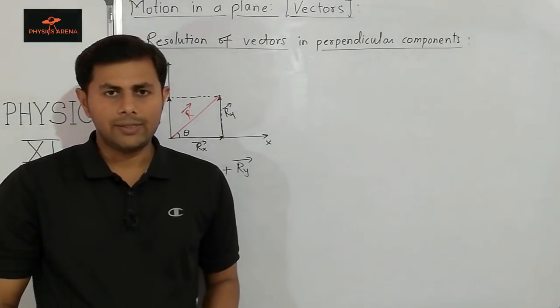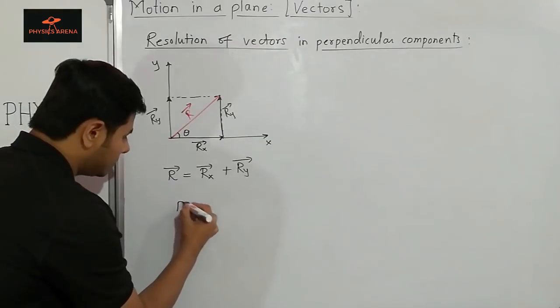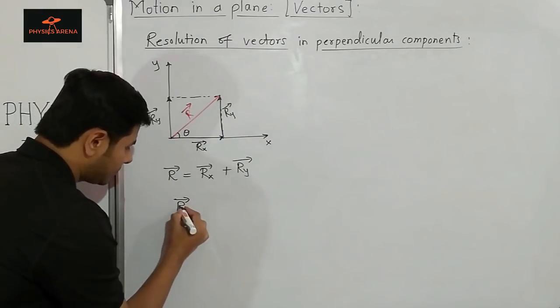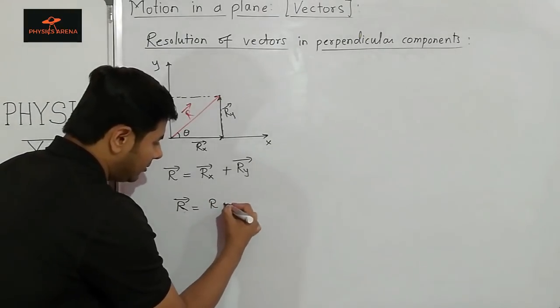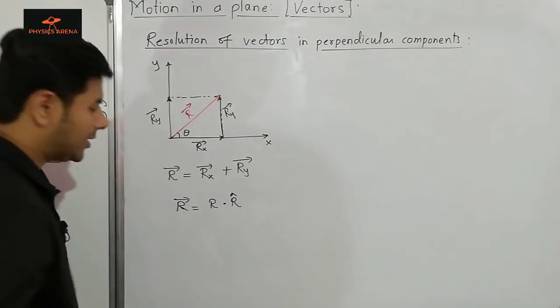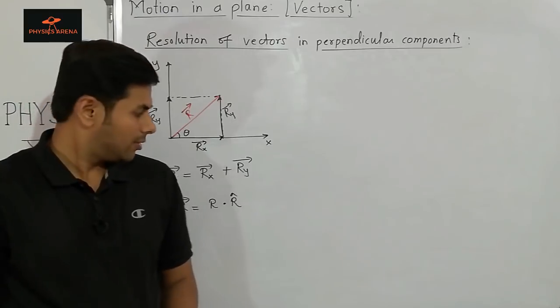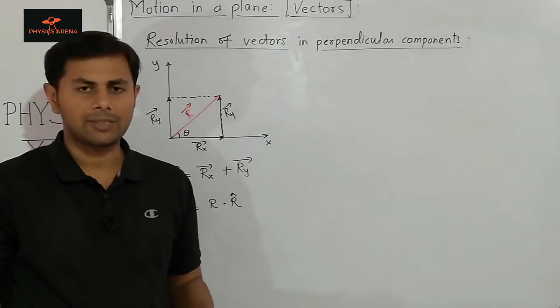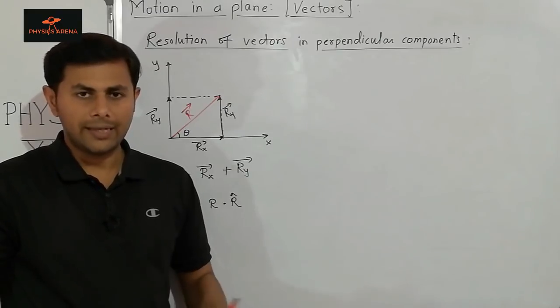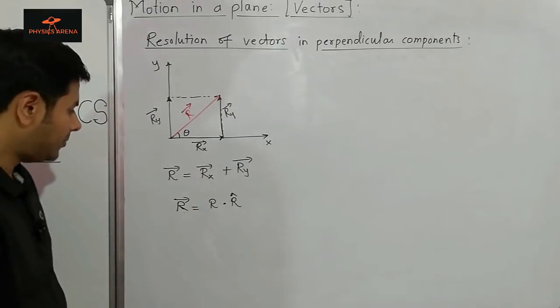Now we know that suppose we have a vector r bar, we can write that vector as the magnitude of the vector multiplied by the unit vector in that direction. So similarly, I can write this rx bar and ry bar as magnitude times the unit vector in that direction.